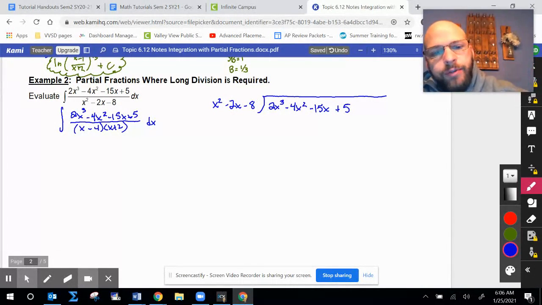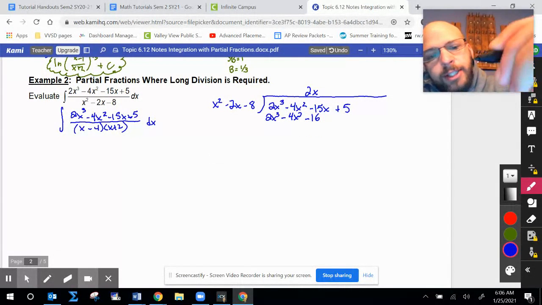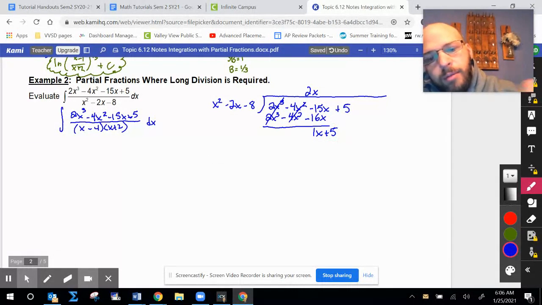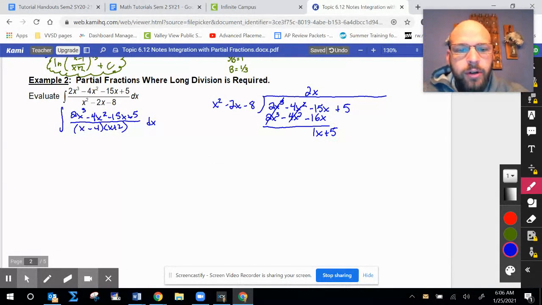So now if I long divide this, I would have to multiply by 2x. That would give me 2x cubed minus 4x squared minus 16x. If I subtract, well, that's convenient, I get 1x plus 5, and that would be a remainder, right?